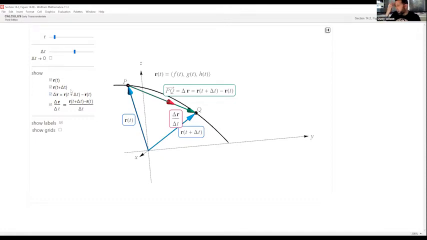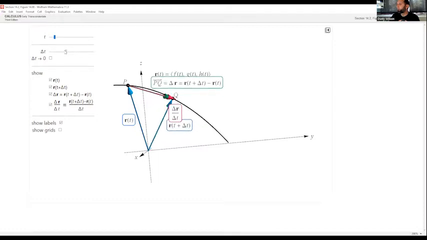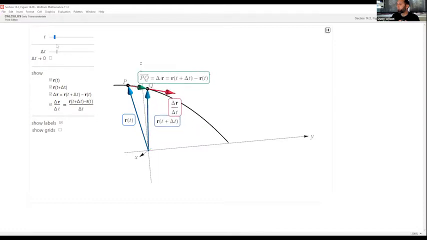So here, you'll notice that the green vector represents delta r, or the r of t plus h minus r of t. And then we can divide it by the delta t or by the h, and that's going to give us this red vector. As delta t gets closer to 0, you'll notice that the vector is staying a similar length.